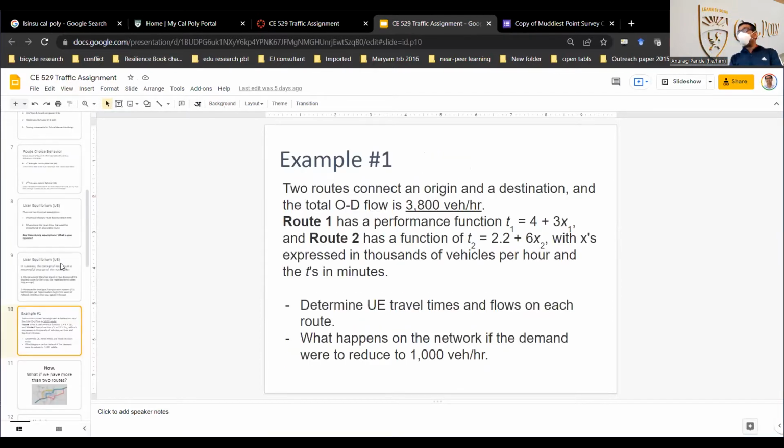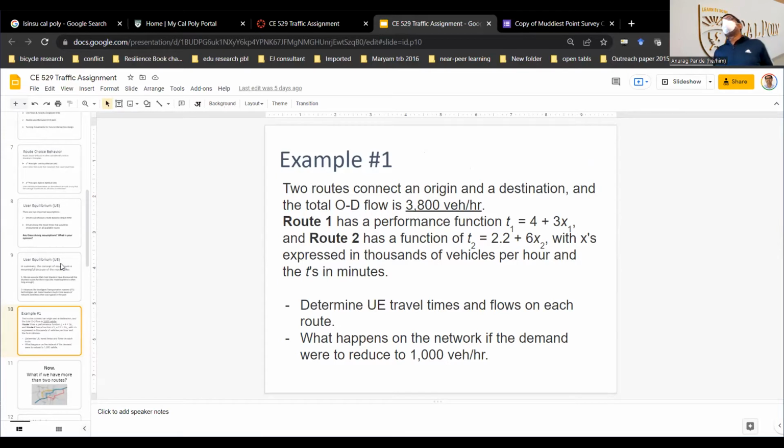Let's think about this problem real quick. We talked about it, and it's a very simple problem. And the idea of threshold is always, always, the route that has the worst free flow travel time is at the risk of not being used.